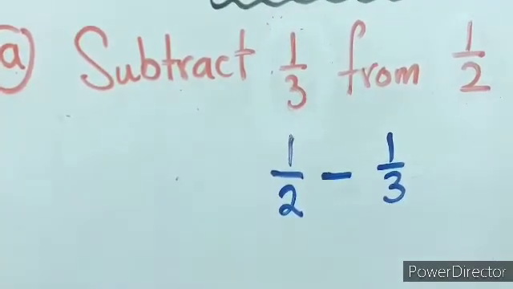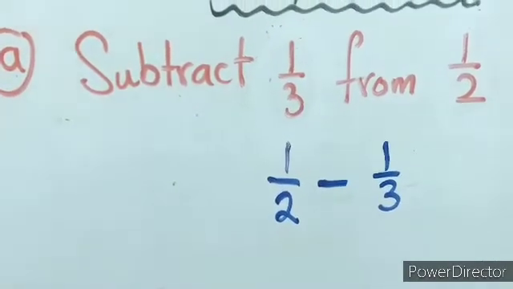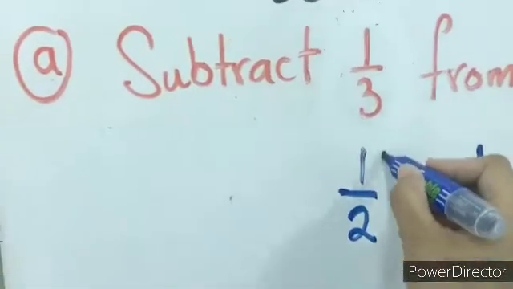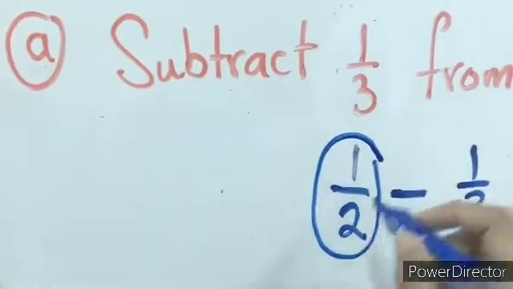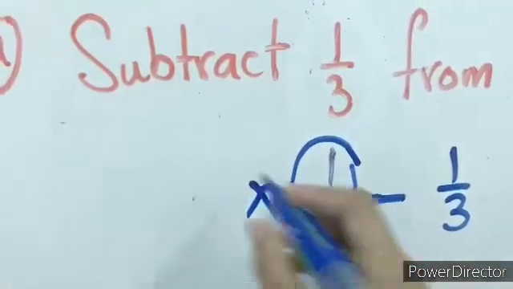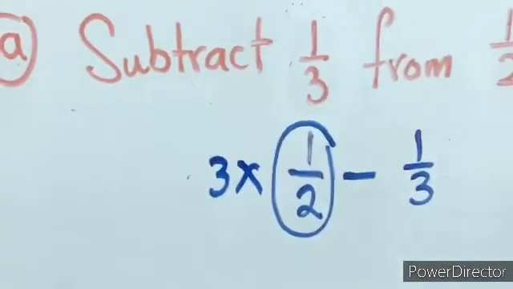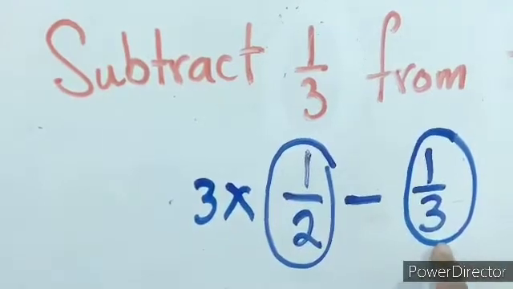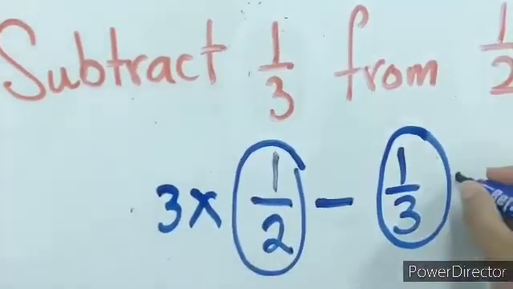How can we change them into one common denominator? Very easy. Simply, we will take this part and multiply it with this denominator, and we will take this fraction and multiply it with its denominator.